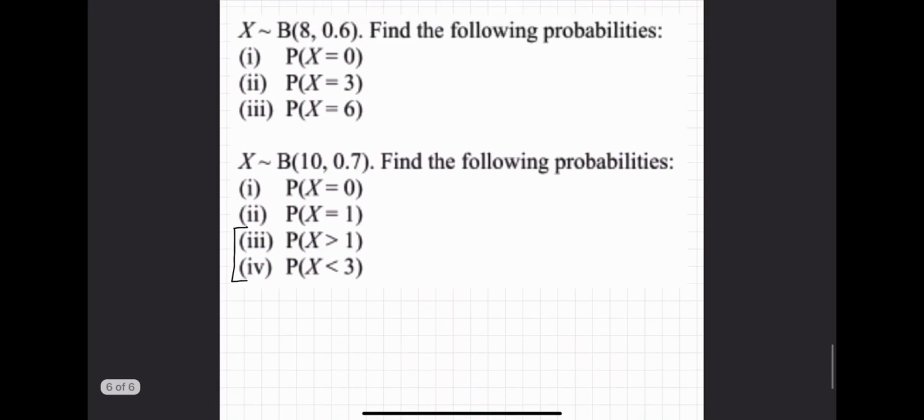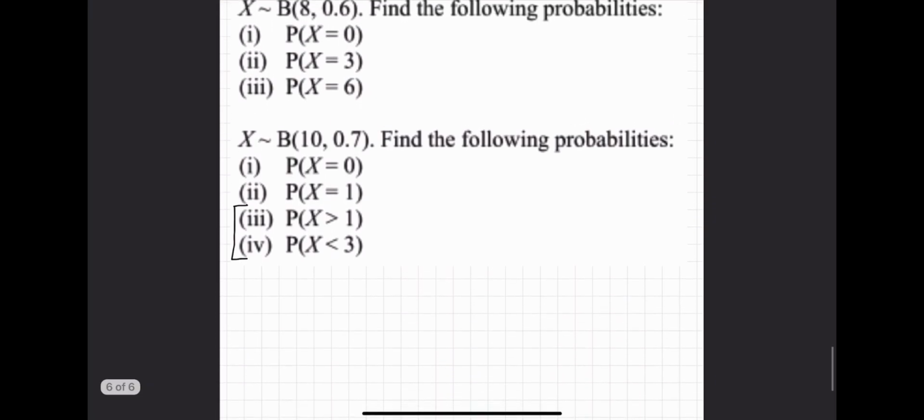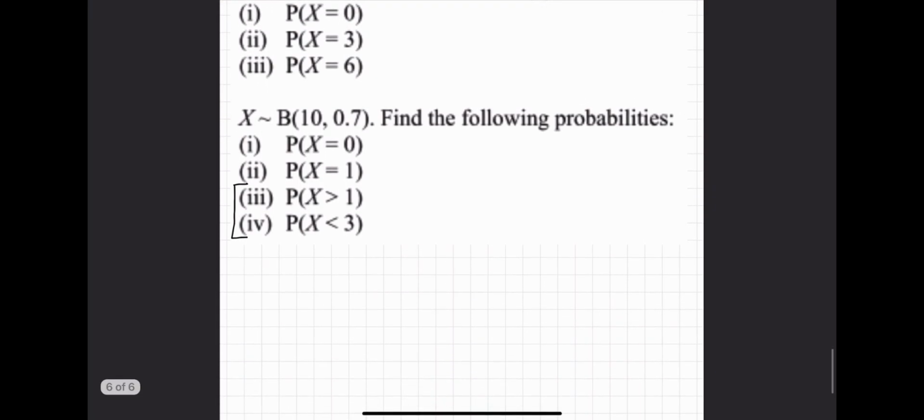So we've been given x is binomially distributed with 10 trials and the probability of success is 0.7. Remembering the formula, the probability that X equals x is n choose x times the probability lowercase p to the power of x, probability of success, multiplied by the probability of failure to the power of n take away x.